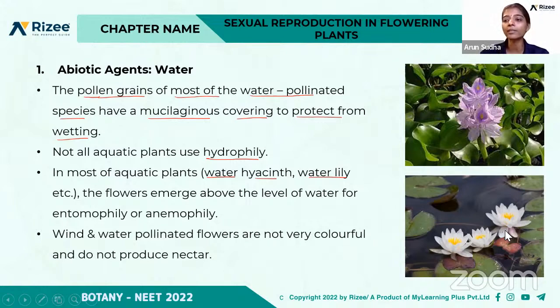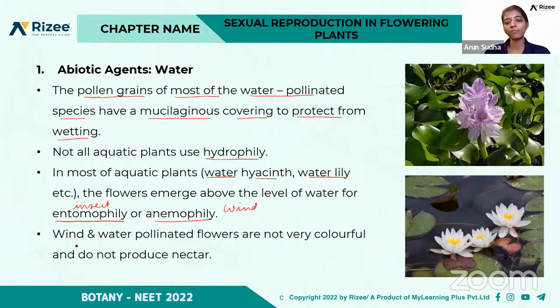So here they do not depend on the water for pollination, but they depend on insects or the wind, that is entomophily by insects or anemophily by wind, right? So not all aquatic plants use water as a pollinating agent, but they use insects or the wind as a pollinating agent.